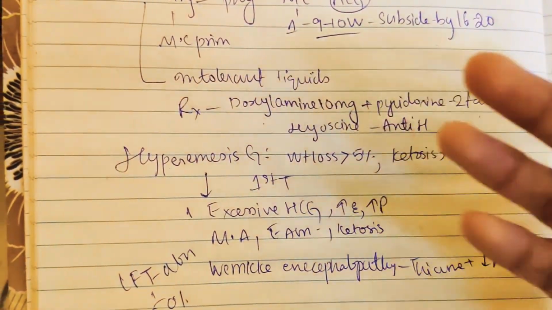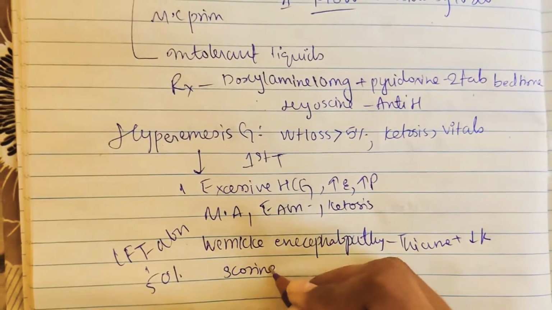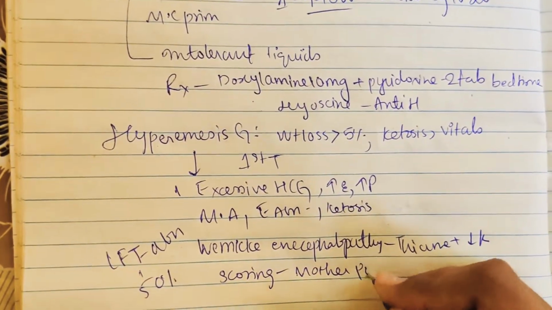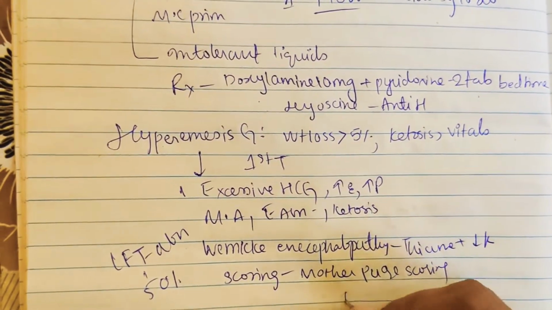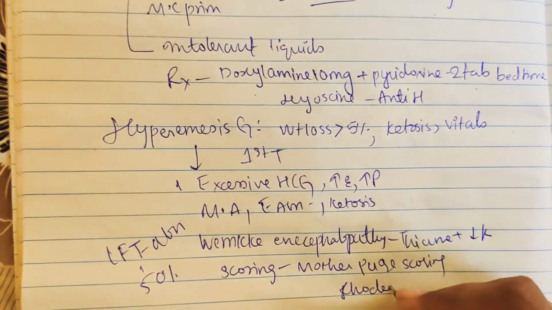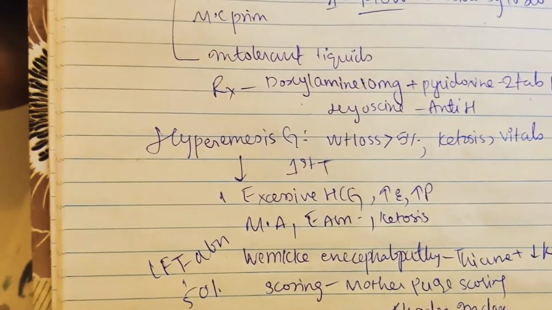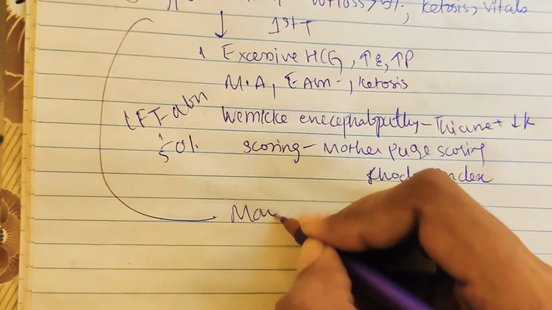Next, coming to scoring systems. We use PUQE scoring, and also the Rhodes index. Next, coming to management. How to manage this kind of vomiting?